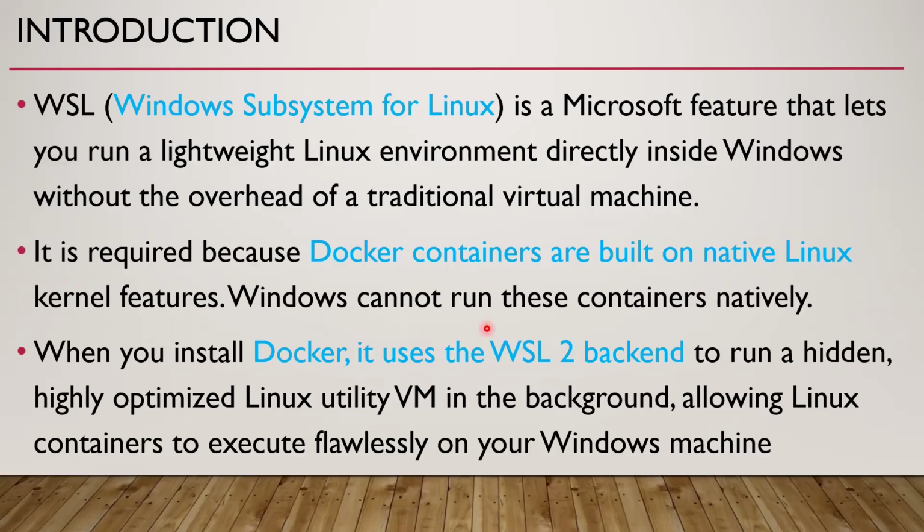Windows cannot run these containers natively. When we install Docker, it uses the Windows Subsystem for Linux 2 backend to run a hidden, highly optimized Linux utility virtual machine in the background, allowing Linux containers to execute flawlessly on our Windows machine.